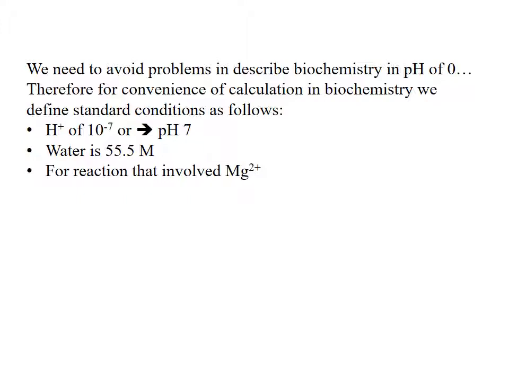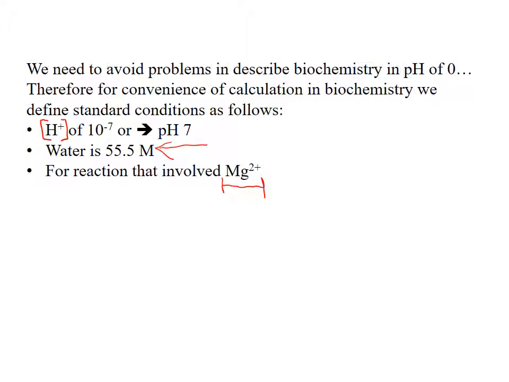Therefore, when we talk about biochemistry, we talk about hydrogen concentration being at 10 to the minus 7, or pH of 7, water concentration being constant at 55.5 molar, and reactions that include magnesium ion.